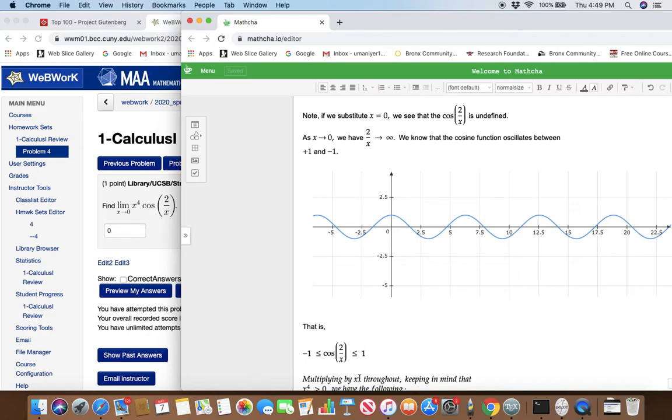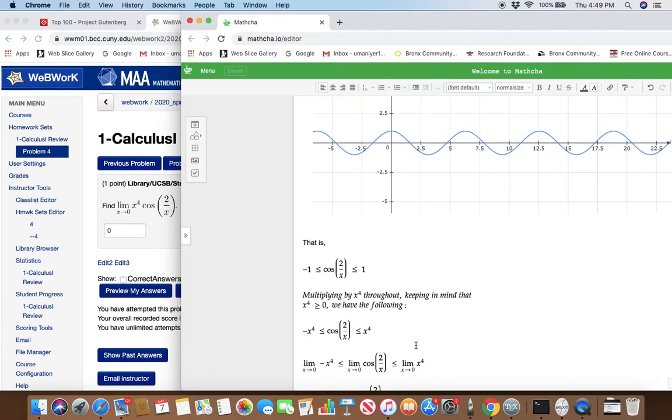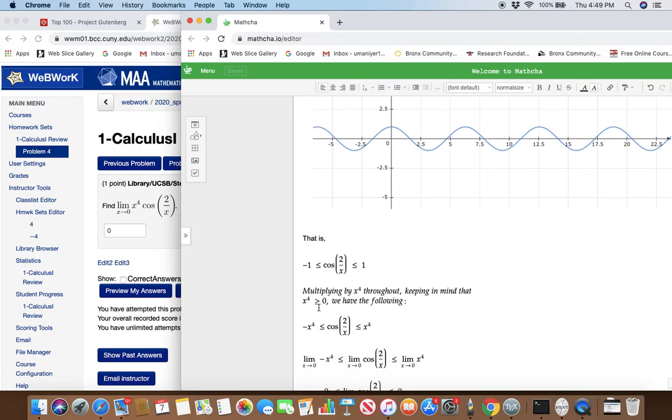Let's multiply by x to the 4 throughout. When we multiply inequalities by something, we have to keep in mind that we are multiplying by something positive, or rather non-negative. If you multiply by a negative, the inequality changes. That's the catch.